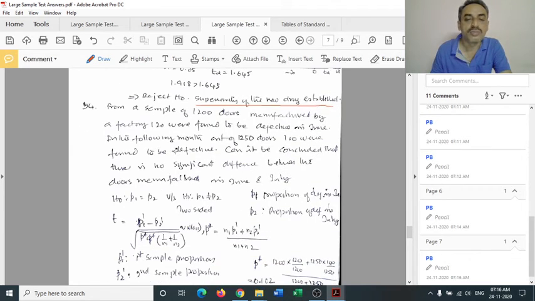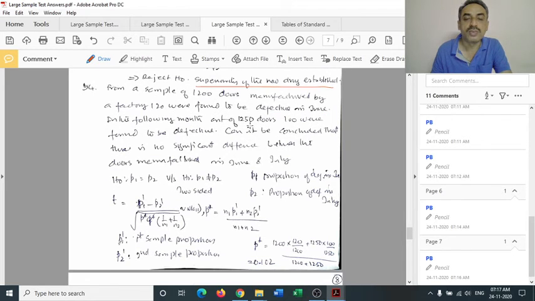Now comes the case of equality of two population proportions. We have two samples. One is 1,200 doses manufactured by a factory in June. Of them, 120 were found to be defective. The next month, July, they manufactured 1,250 doses, of which 100 were found to be defective.